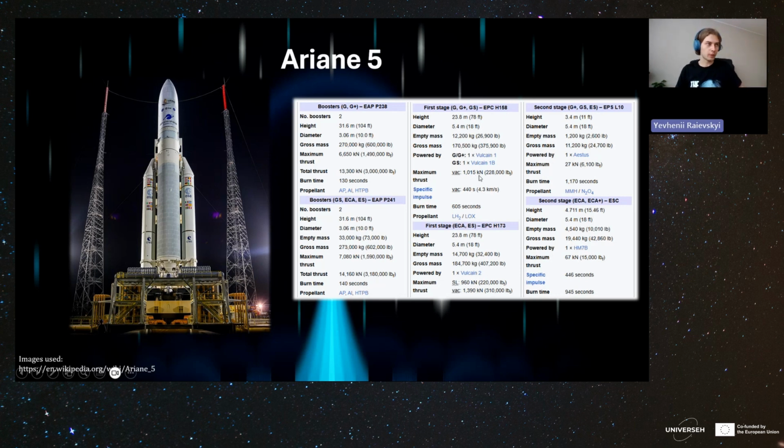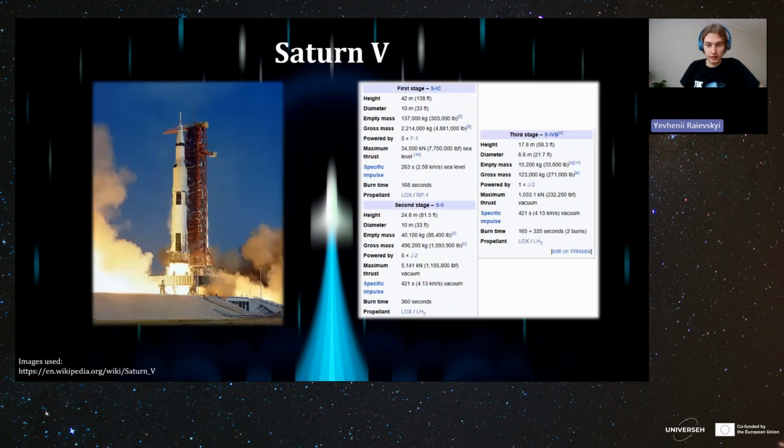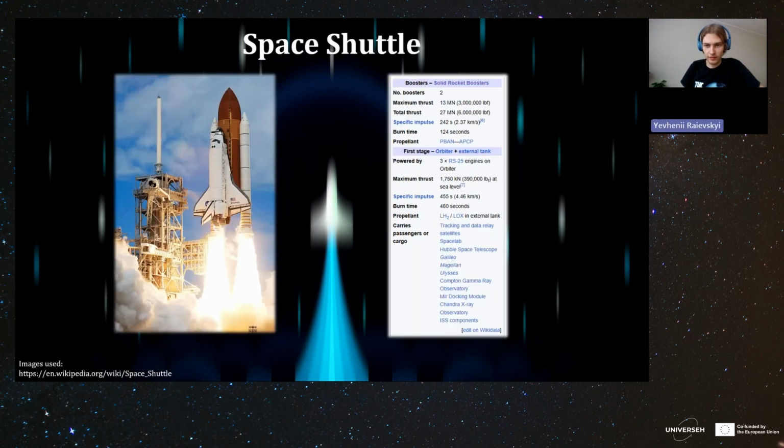So solid propellants tend to generate a lot more thrust, but the specific impulses, we can analyze here for cryogenic pairs, where you have 440 seconds. It's a very big specific impulse actually. And if we compare to the other solid propellant, for example, the Space Shuttle, it was only 240 seconds.